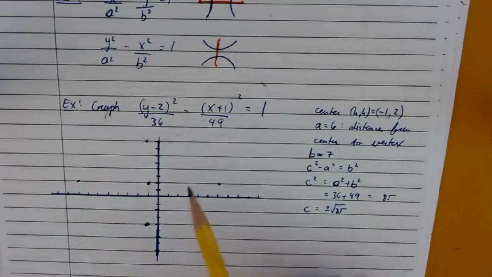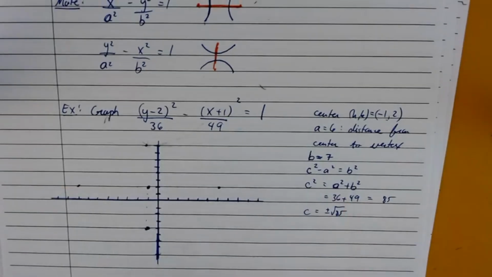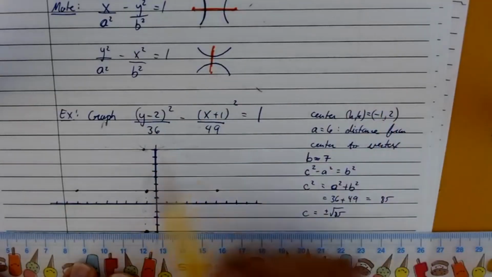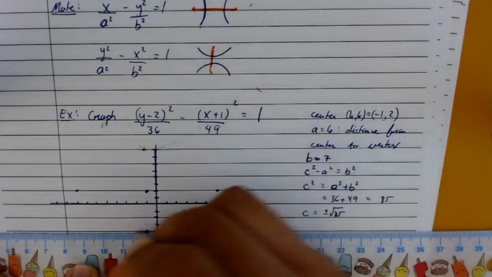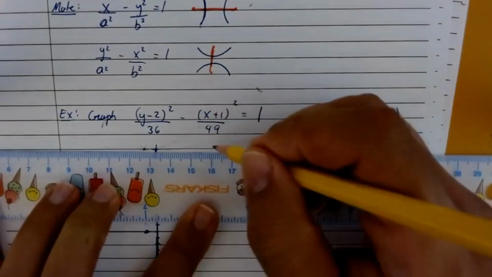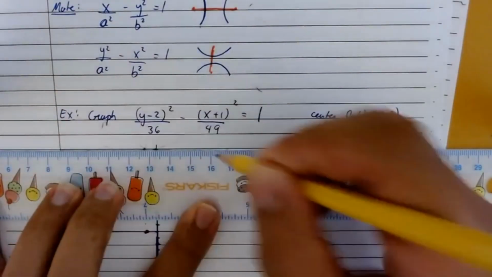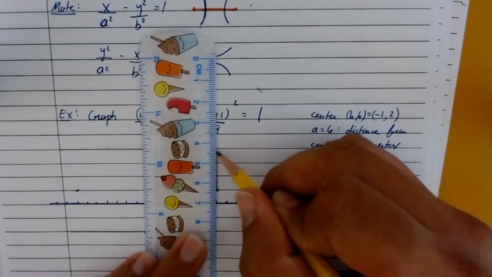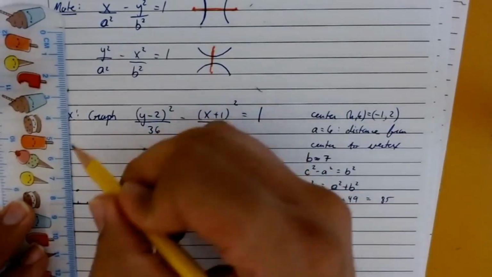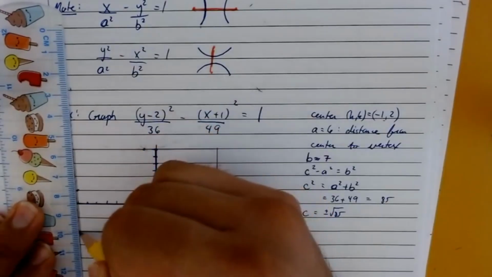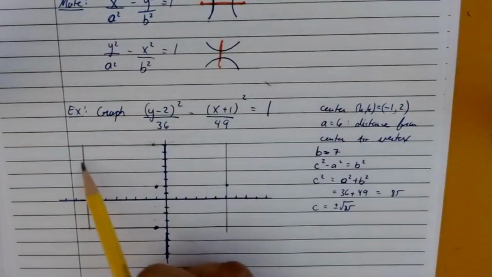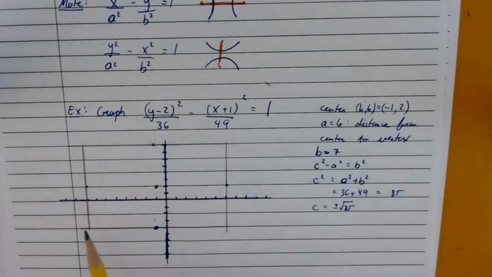So you say, okay, how do those help me figure anything out about my ellipse? Oh, sorry, about my hyperbola. Here's what we're going to do. We're going to make a box out of these 4 points. Notice that the box has 4 corners.